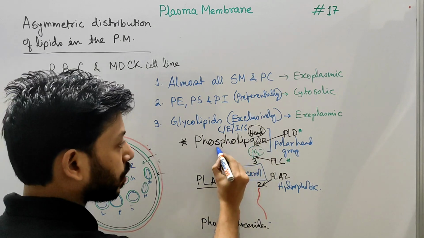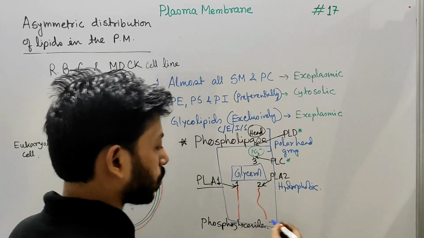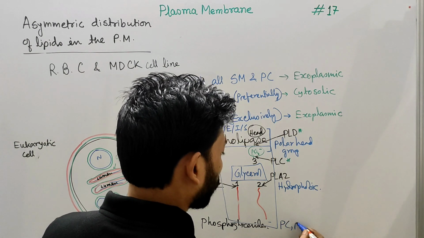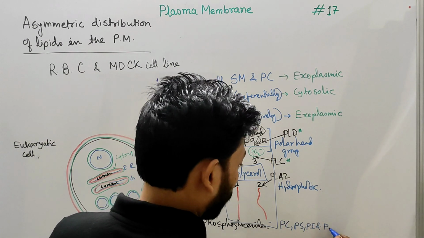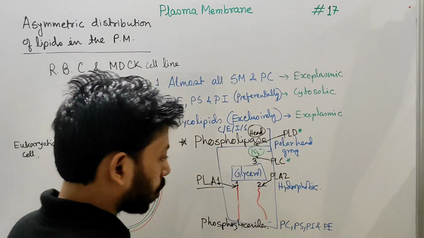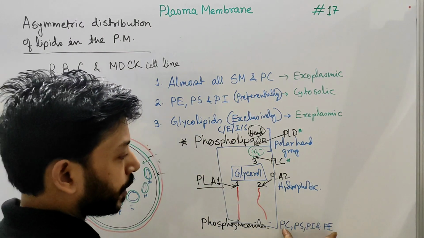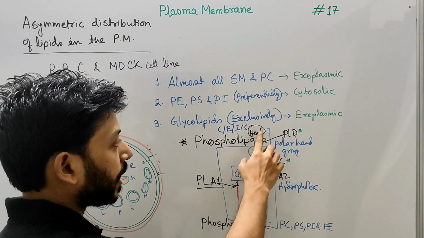So basically this structure is the same for all the phosphoglycerides like phosphatidylcholine, phosphatidylserine, phosphatidylinositol and phosphatidylethanolamine. So in all these 4 different phosphoglycerides the structure is basically the same, but the head group differs.